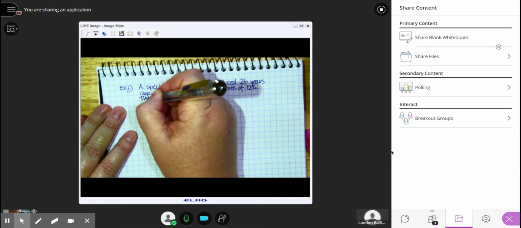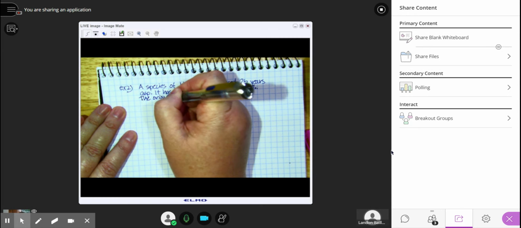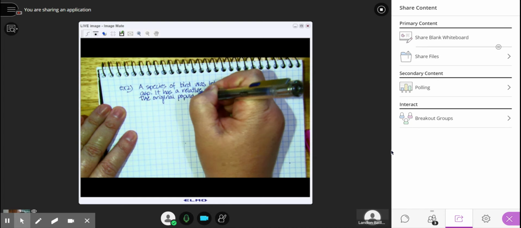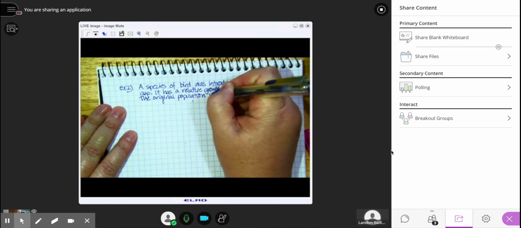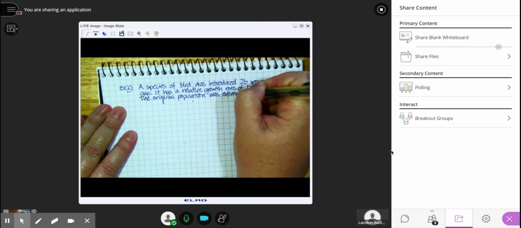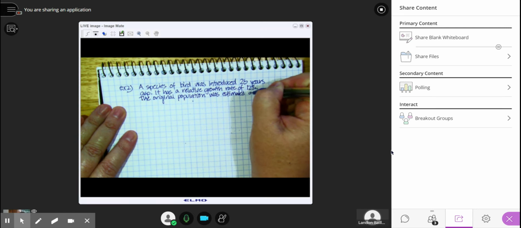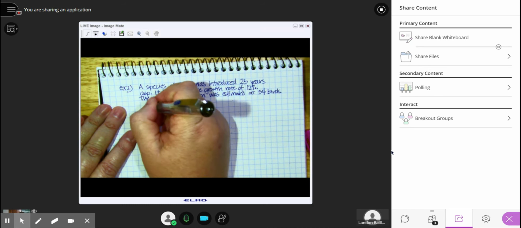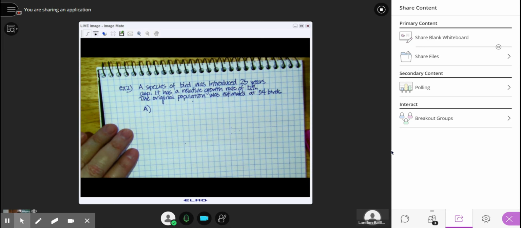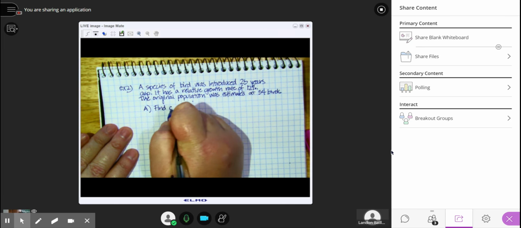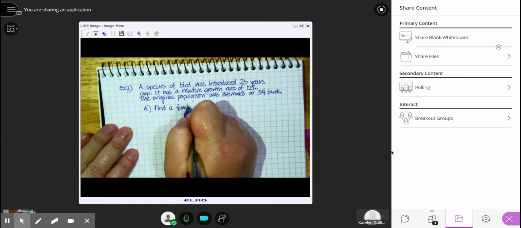The original population was estimated at 54. Let's try 50.